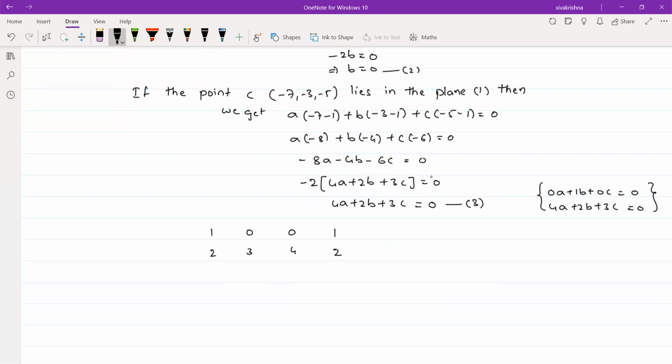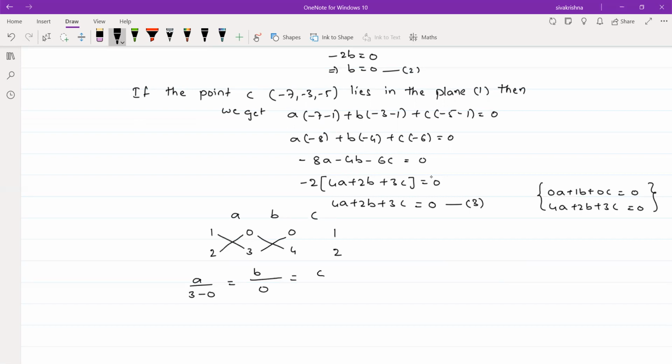Now we want the a, b, c values. From this we can write a by, cross multiplying these numbers, 1 into 3 minus 2 into 0, which gives 3. This is equal to b by 0 into 4 minus 0 into 3, which means 0.